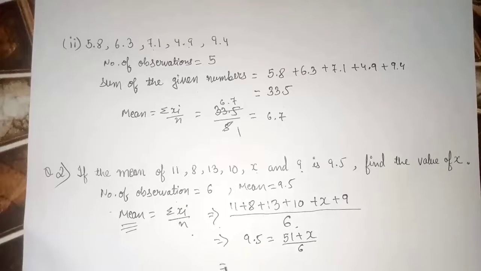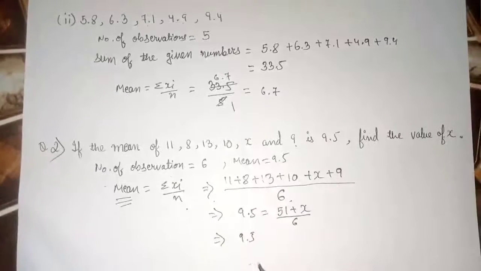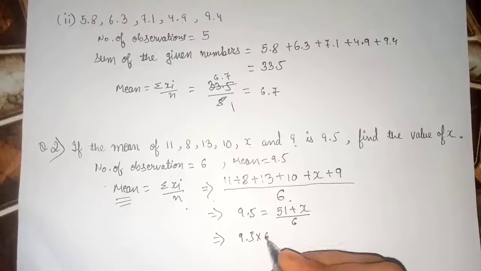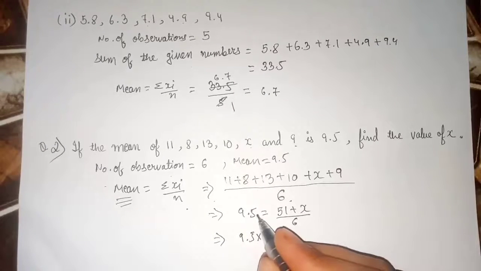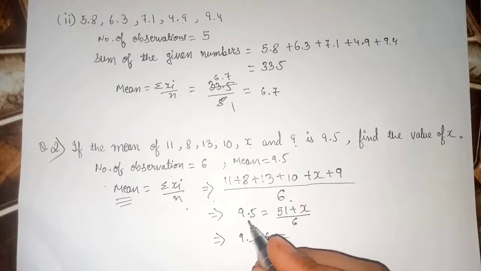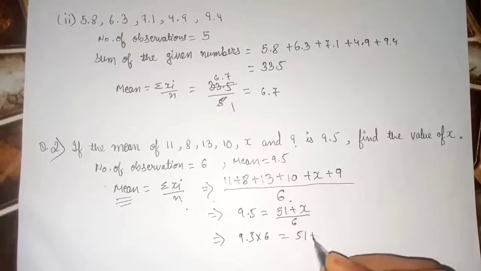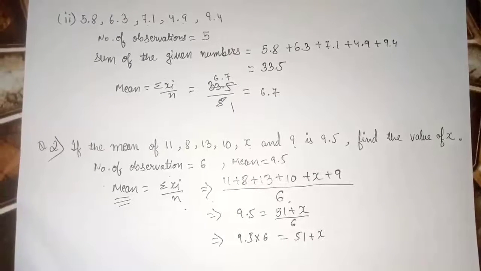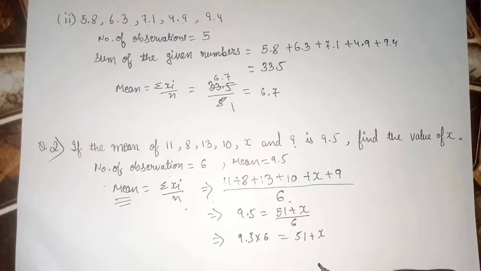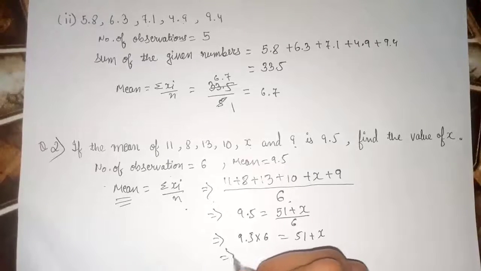Okay, so 9.5 into 6. This 6 will come here and get multiplied with 9.5. So 9.5 into 6 equals 51 plus x. 9.5 into 6 equals 57.